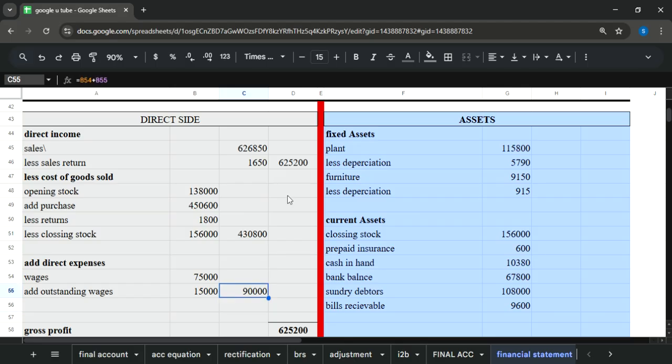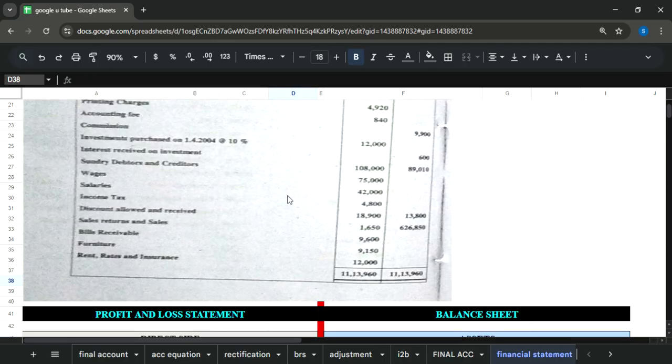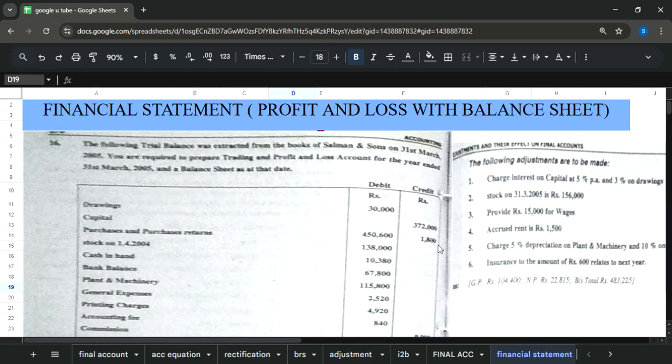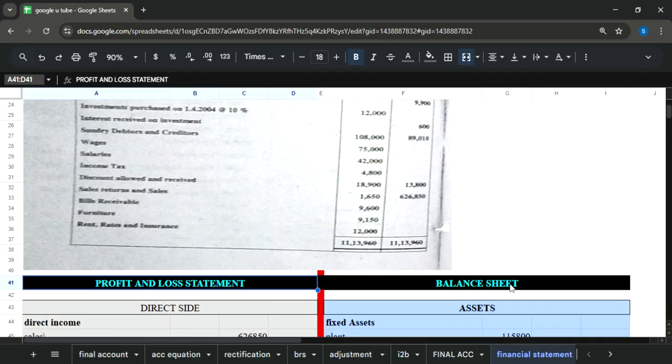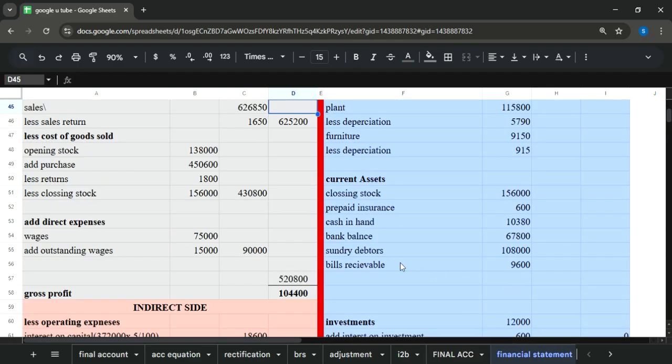After which we are now open to calculate total cost of goods sold. That means simple cost of goods sold plus direct expenses. So we have got our total cost of goods sold. And look here, your gross profit is 104,400 and our gross profit is also 104,400. So guys, in this way we have calculated the first of four parts.